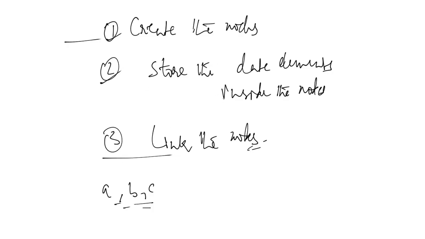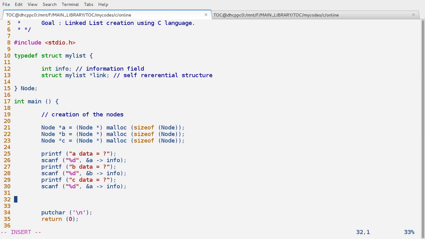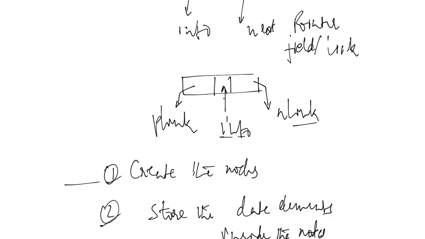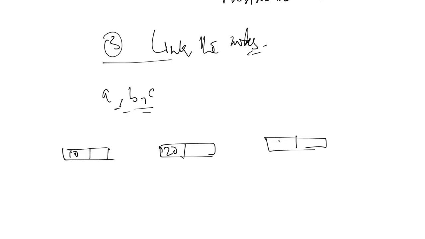Now the linking of nodes. We have created 3 nodes, A, B and C. Say we are inputting value 10, value 20 and this value 30.